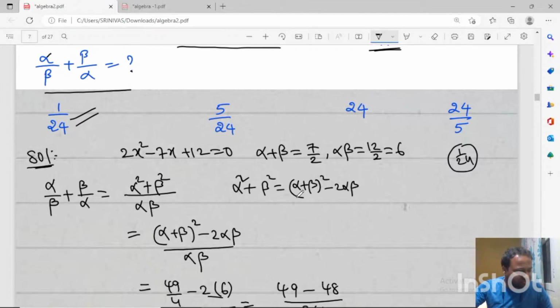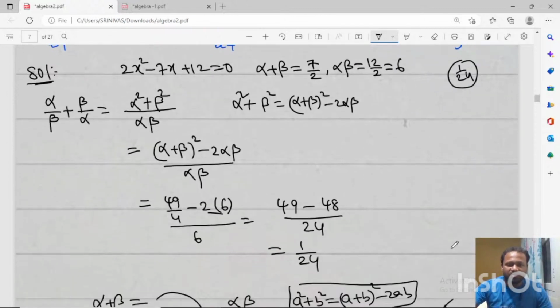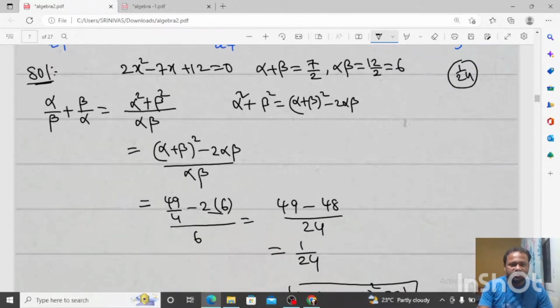No, it is wrong. We got 1 by 24. I substituted the alpha plus beta value and the alpha beta value, and here I did the LCM. 49 divided by 4 minus 12 by 6, that is nothing but 49 minus 48 divided by 24.